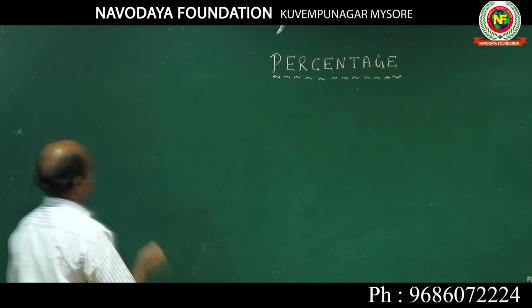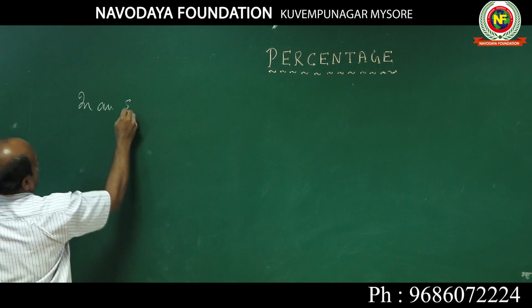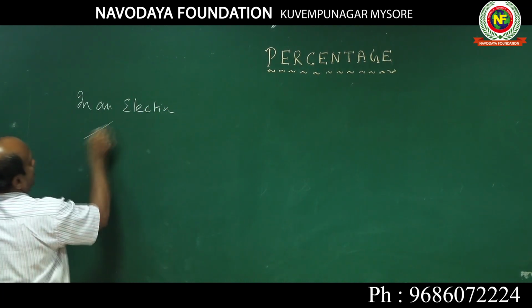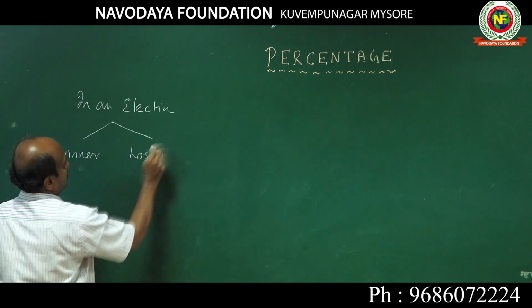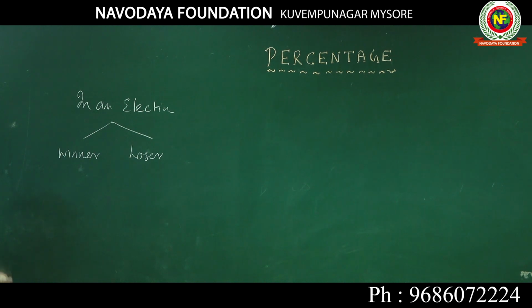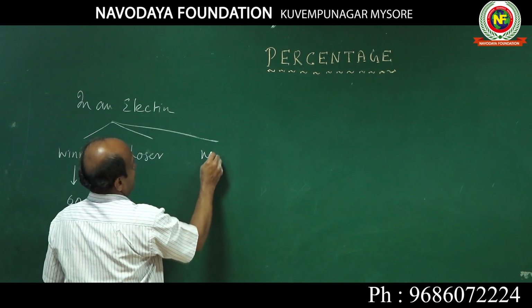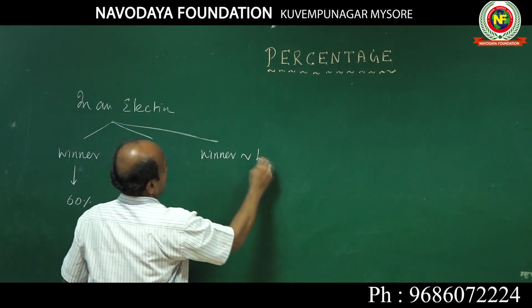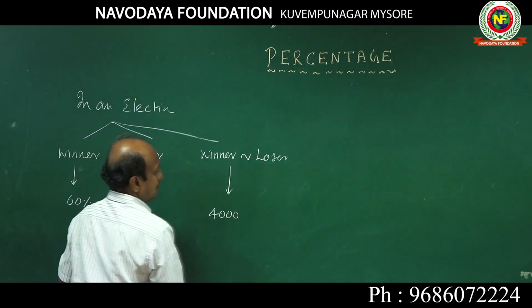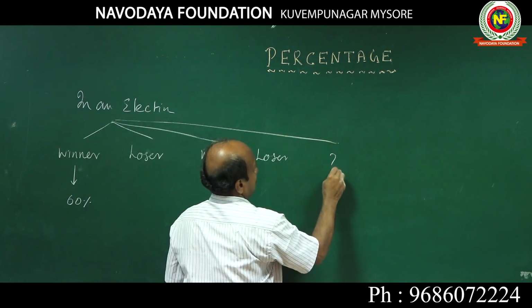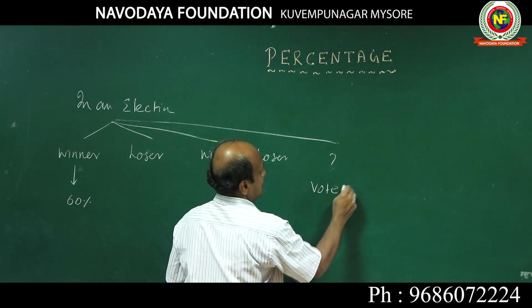In an election, there are two contestants. One is the winner, another is the loser. If the winner has secured 60% of the votes, and the difference between winner and loser is, for example, 4,000, then how many votes are cast in the election?